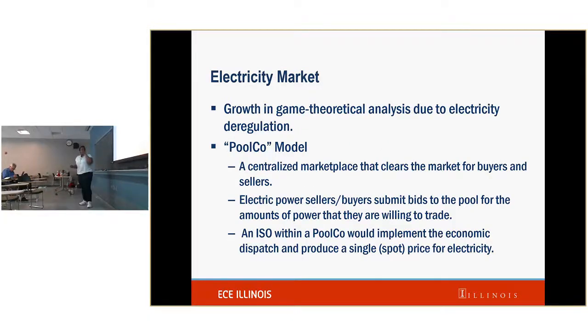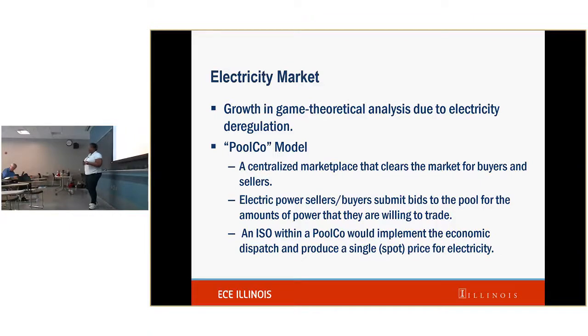So how does this look in an electricity market? They use what's called a pool co-model, where they pool the generation and they pool the load. There's an ISO who oversees the submission of bids from both the buyers and the sellers.